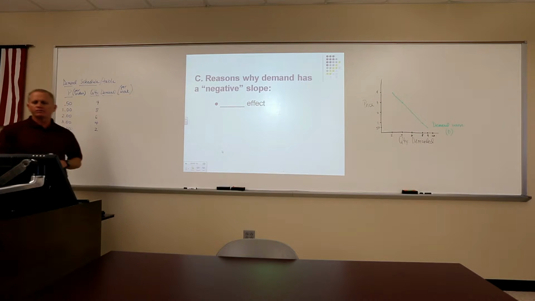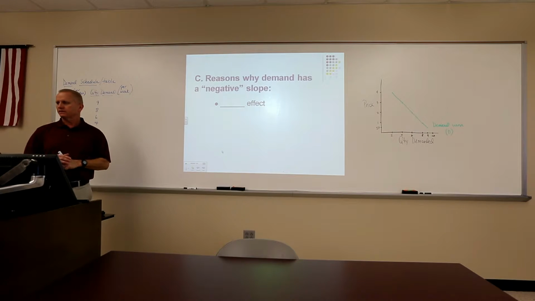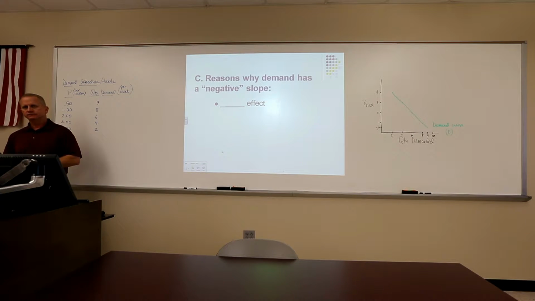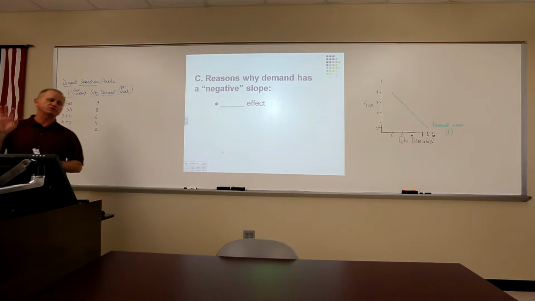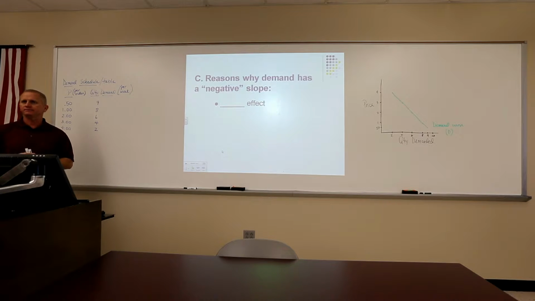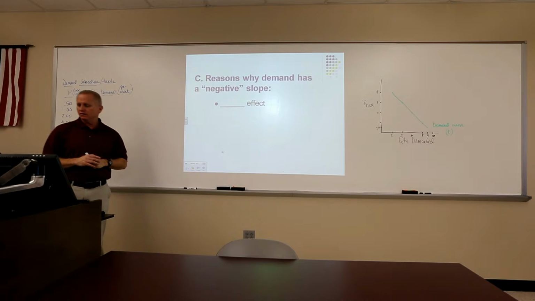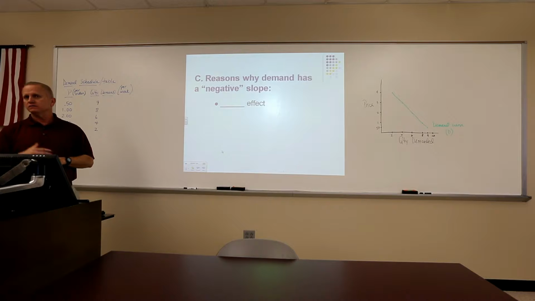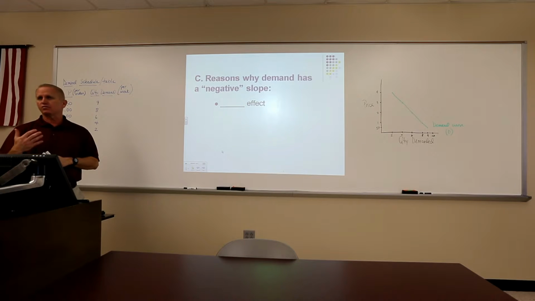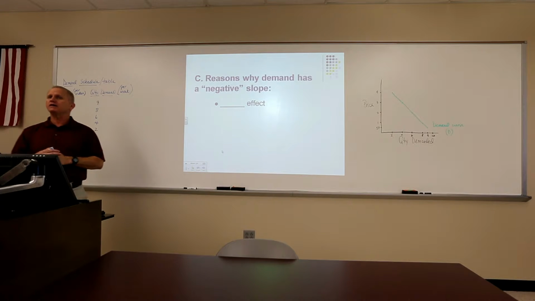Three reasons. The first one is called the income effect. I haven't said this, but I'm going to give the assumption that you make $500 a week. And with whatever the prices are of the videos at $500 a week, if the price falls, let's say it was at $4 and it fell to $2, you can afford to buy more of them.